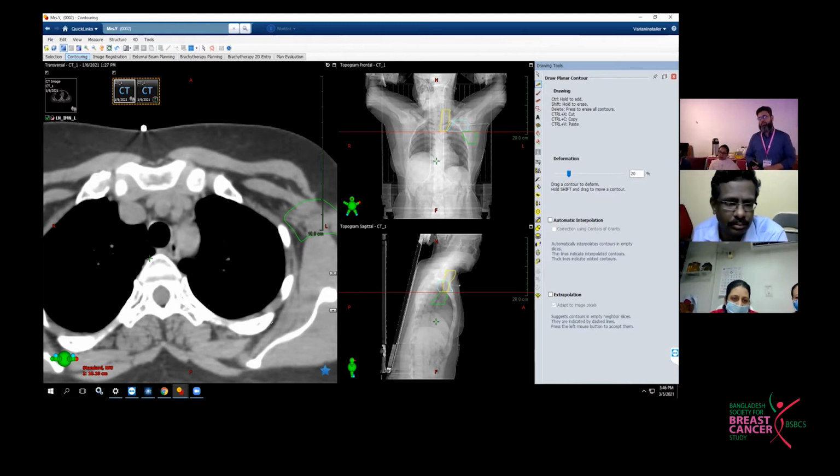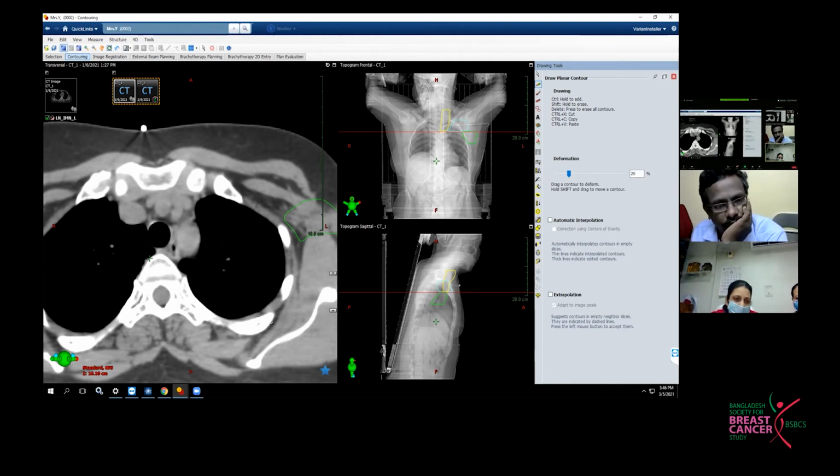Such practice, generally you get referral, especially in our setup. We get such cases only when the patient is not operated at our institute, because the surgeons know what the limits of the conventional tangential portals are. So they make sure that the scar is within the midline and within the mid-axillary line.